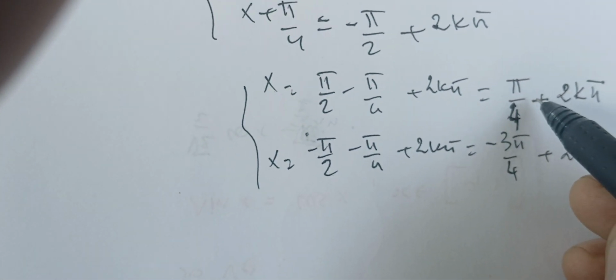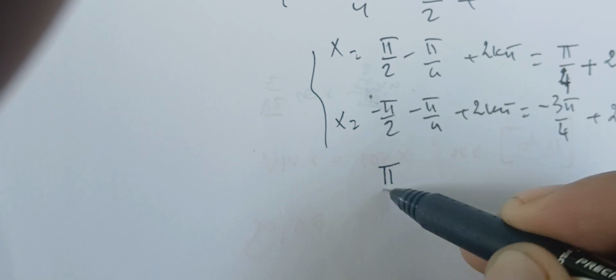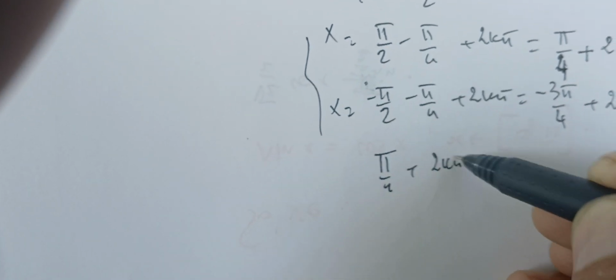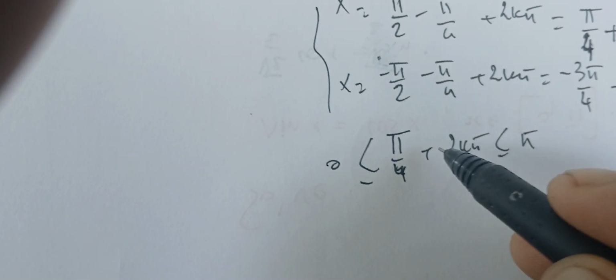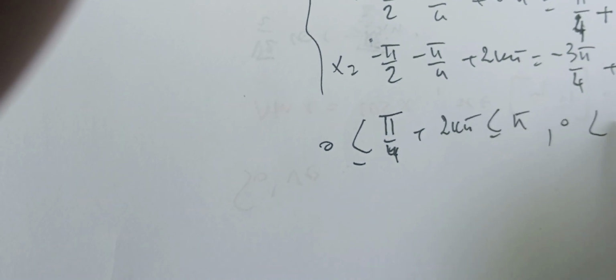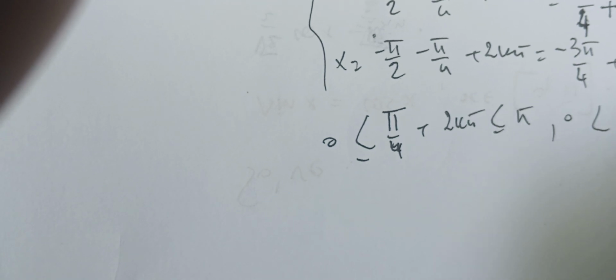So here, if I have this one, that means pi over 4 plus 2k pi is between 0 and pi. Now, if I divide everything by pi, I get 1/4 plus 2k is between 0 and 1.